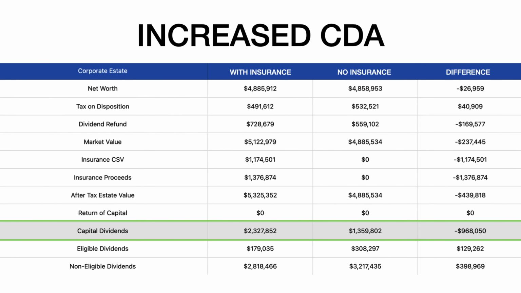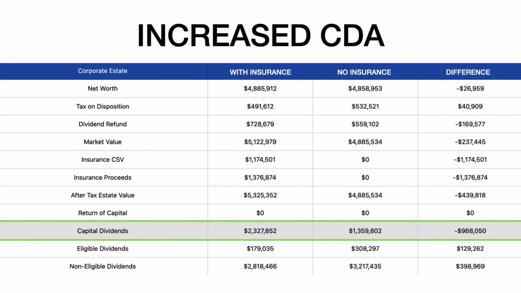So you can see here the capital dividend account with insurance is 2.3 million. Without it, it's only 1.3 million. So we've increased the amount of money that this business owner can flow out of their company by almost $1 million. So if they have, which they do, other assets other than cash, they'll be able to sell those and flow those out of their companies on a tax-free basis.